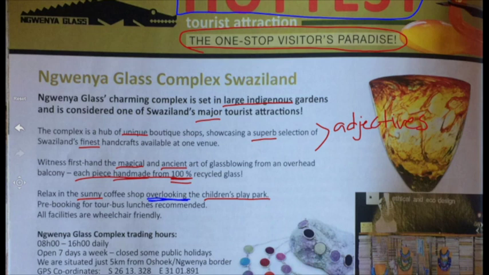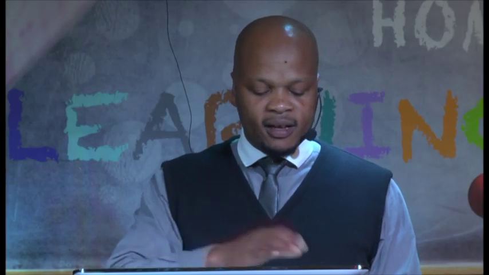Because obviously it says to us, while you are relaxing in the coffee shop, you can also take care of your children playing in the park. You can see them because this coffee shop is overlooking, which means that your children can go and play while you are having coffee there, and you have an eye on them. You know what is going on. All right. That's the writing itself.